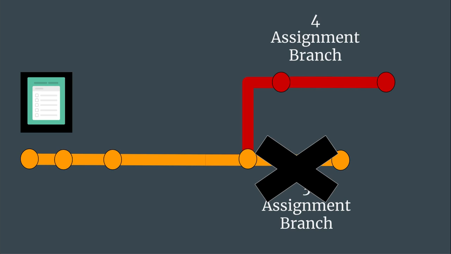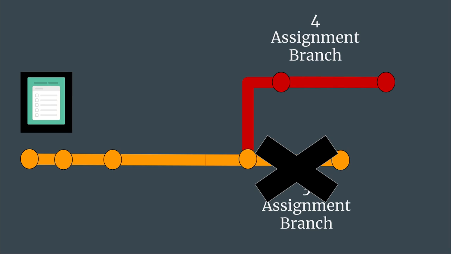So edits that were made to the first 3 assignments get pulled back into this new document, which now has 4 assignments, and we can go on and make edits and corrections and everything to the 4 assignment branch, which is now our main project, if you will. The main project now has 4 assignments in it, and life goes merrily on.